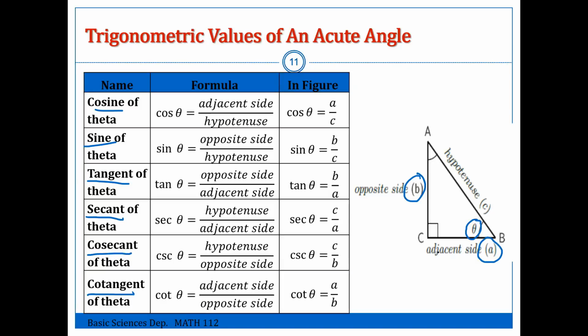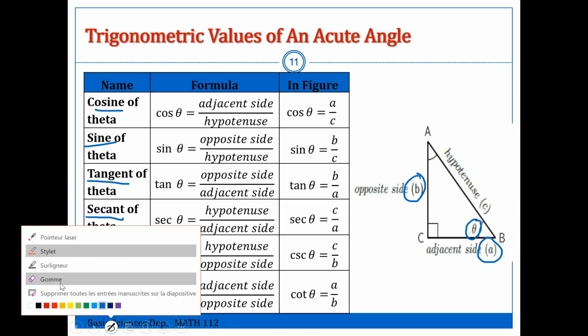Very important. ثيتا زاوية، A و B طول و C طول. اوكي؟ إذا هذا فورمولا لازم نحافظوا على ظهر قلب.